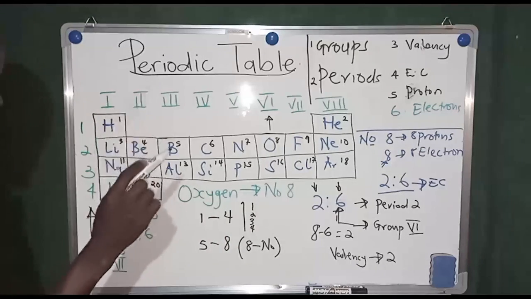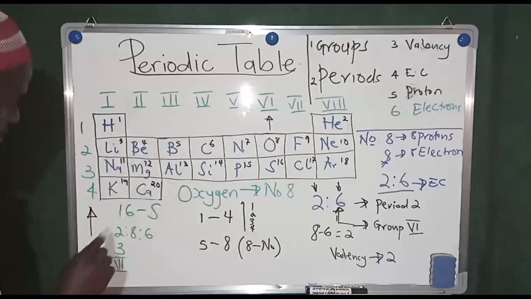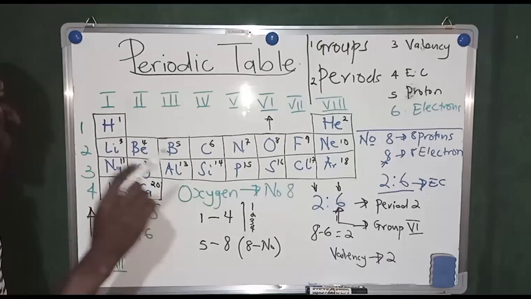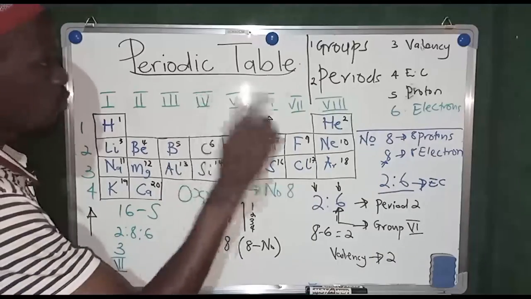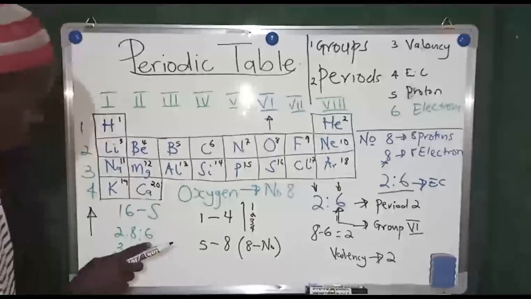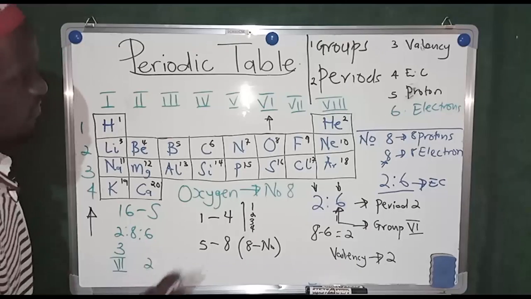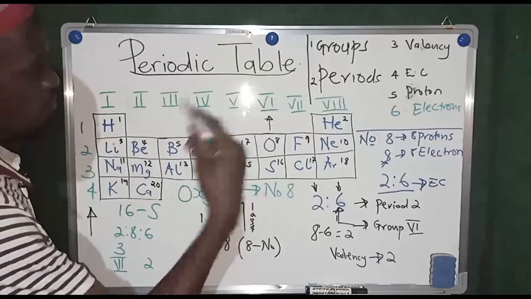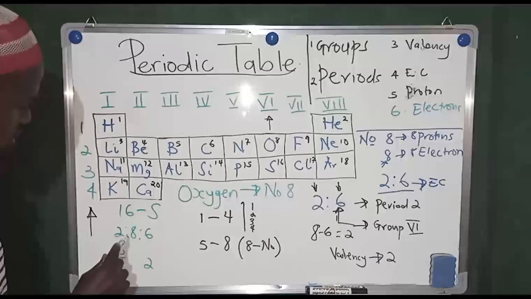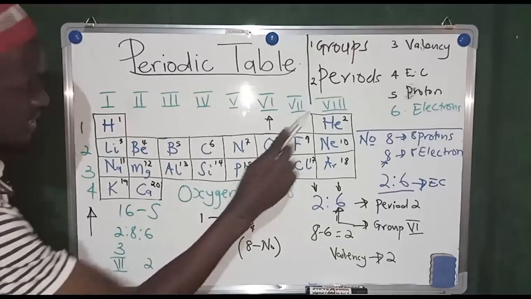If they ask me how have I got the period, I just count 1, 2, 3. Those are the orbits. Now, if they ask me what is the valence, it will be 2, because 8 minus 6 is 2. If they ask me what is the number of protons, I just add this plus this plus this, they are 16.